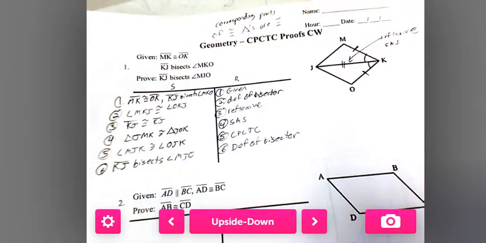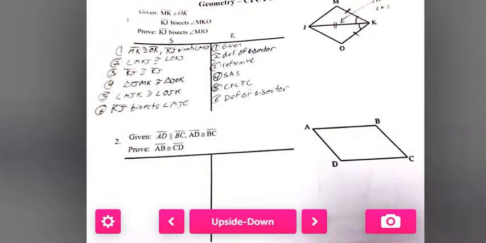Okay. This next one, I think there was a small issue with a line not being drawn all the way in.